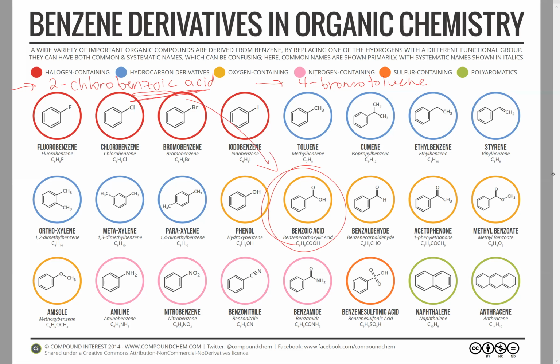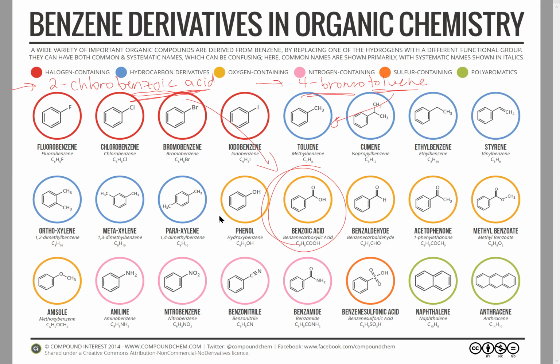So all you would do, guys, for this problem is you would sketch benzoic acid, and then on the second carbon, you would put a chlorine group. This one over here, this is toluene. So for toluene, I would sketch toluene, and on the fourth carbon, I would put a bromo group. So really, that's all I'm doing.